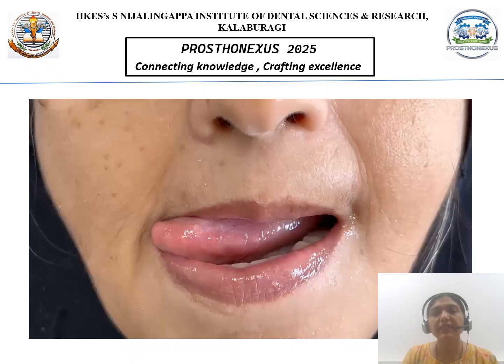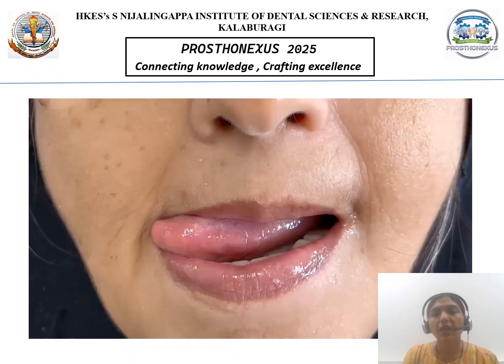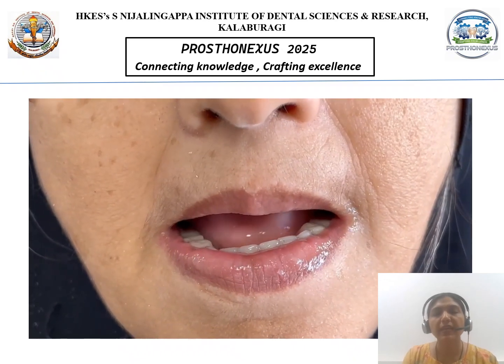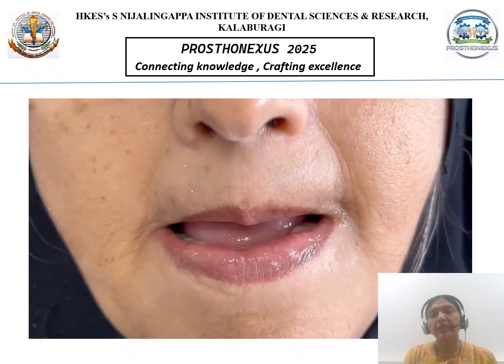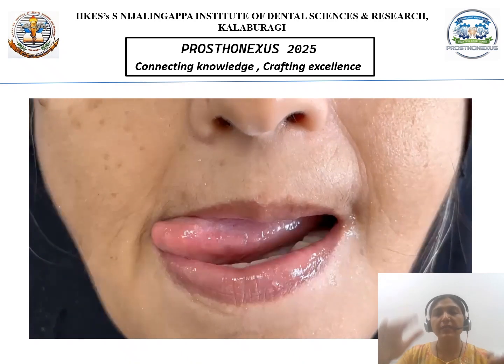Here you can see for the final denture how the tongue movements are carried out and checked for the retention of the denture. If the denture is lifting up at the posterior, that means the area at the pre-mylohyoid and post-mylohyoid, the retromylohyoid region, is overextended.